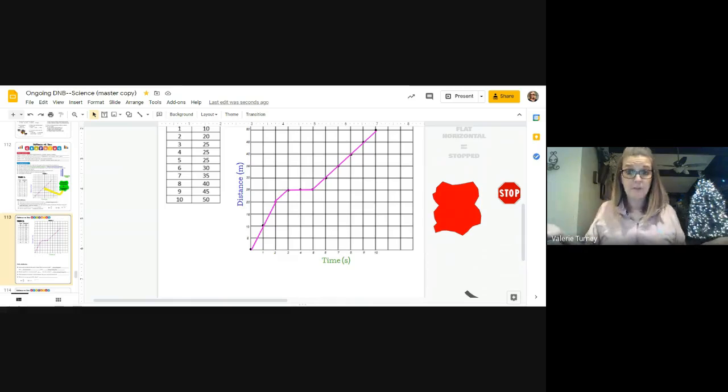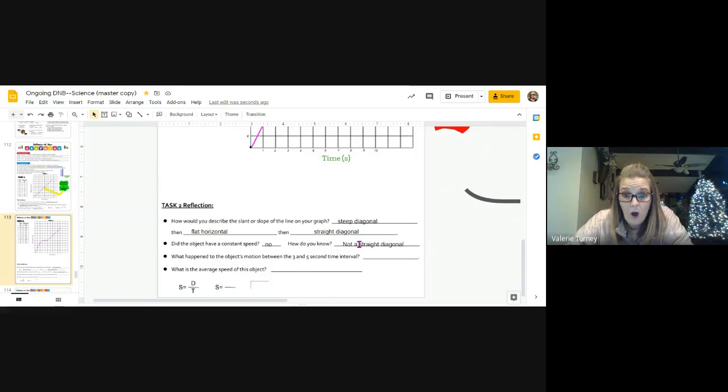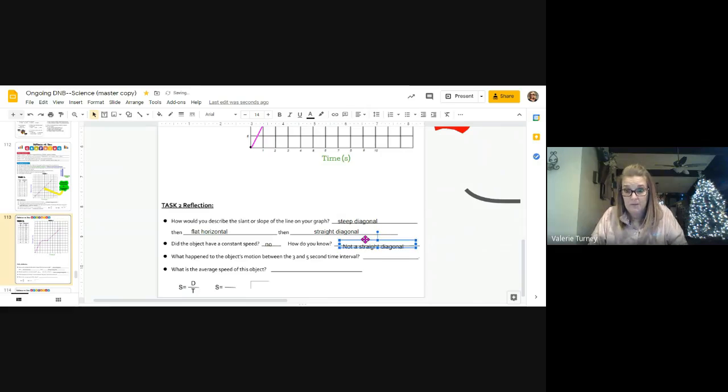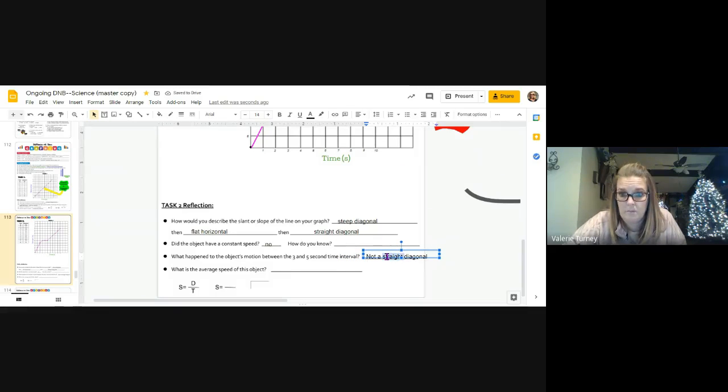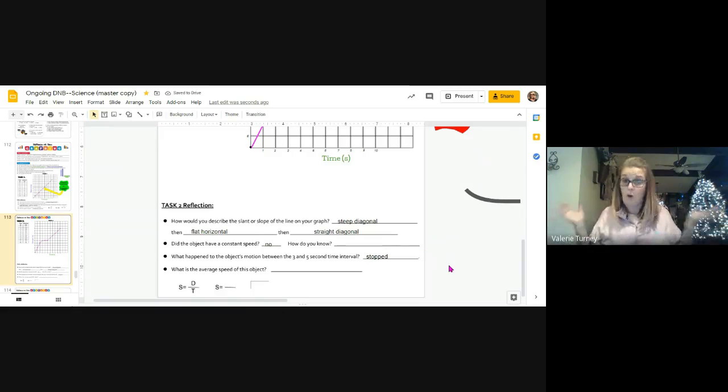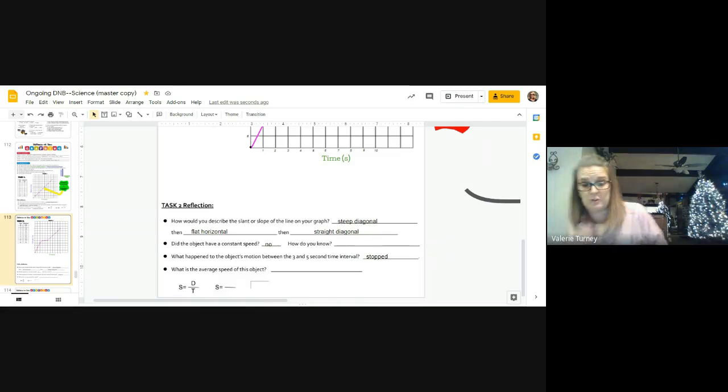They had to have stopped for some reason. Maybe he bent down and tied his shoe. I have no idea. But for some reason, this person stopped and stayed at 25 meters for 3 seconds. We don't know why. All we know is that they did. So I'm going to put right here: stopped. Don't know why. All we know is they were at 25 meters, 25 meters, 25 meters.